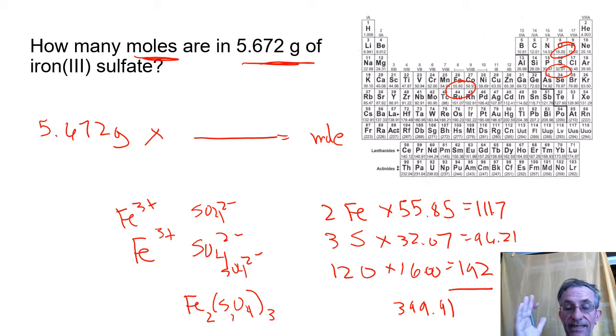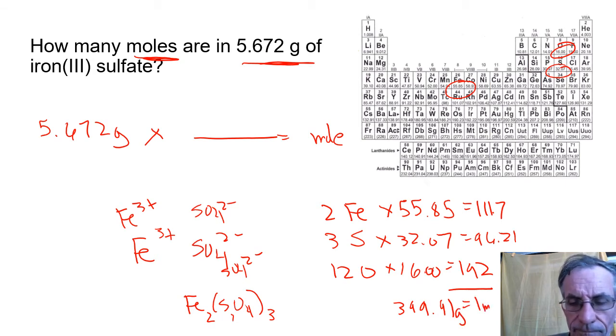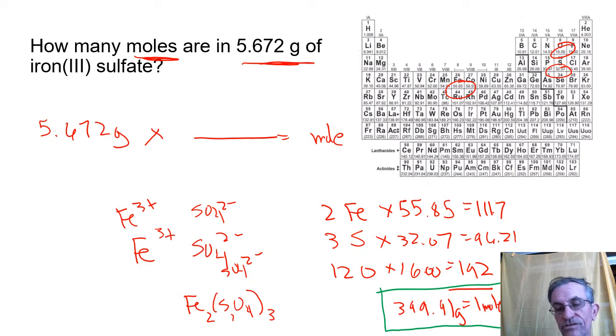Now, there's got to be a unit there, right? This is a conversion factor. 399.91 what? Grams makes a mole, equals a mole. All right, so we have our conversion factor now. The weight off the periodic table is how you get from grams to moles.